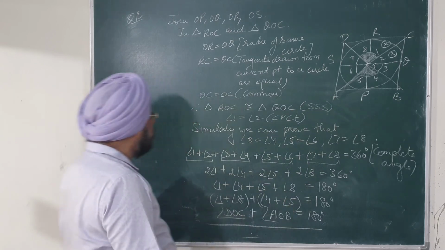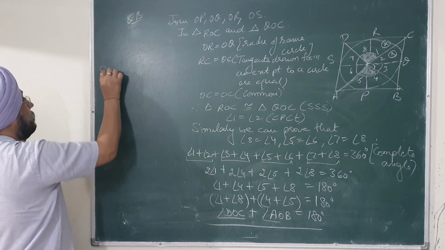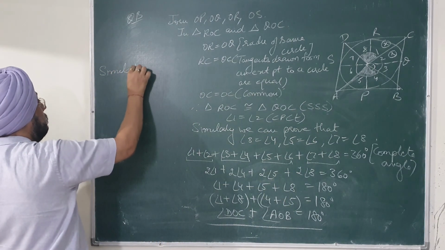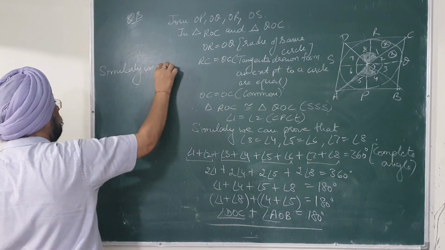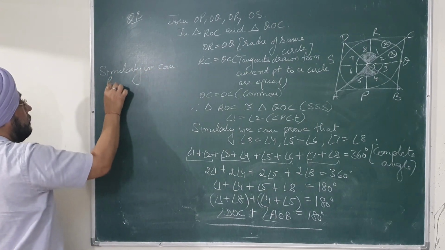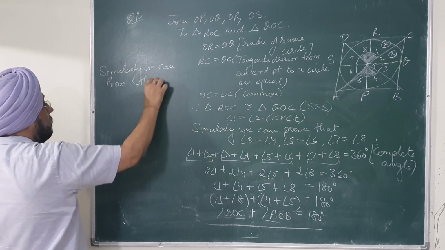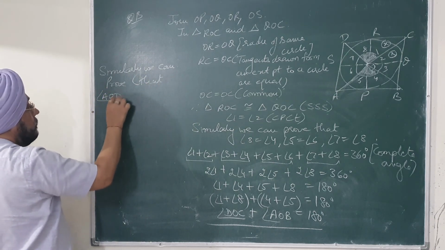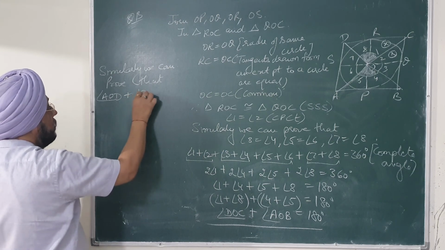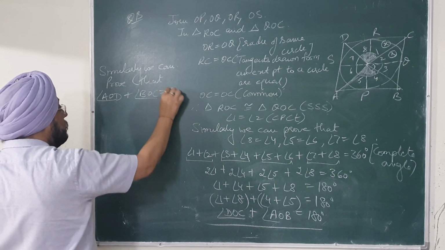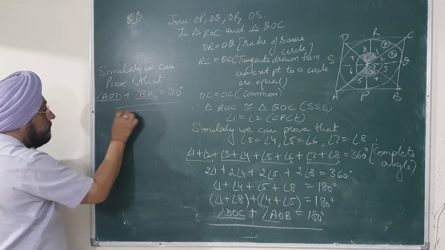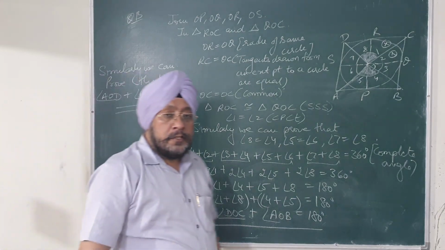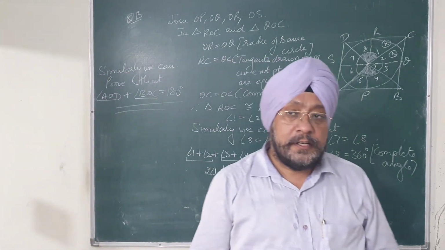So similarly we can prove that the other pair, angle AOD + angle BOC will also be equal to 180 degree. So it's all about this topic, circles.